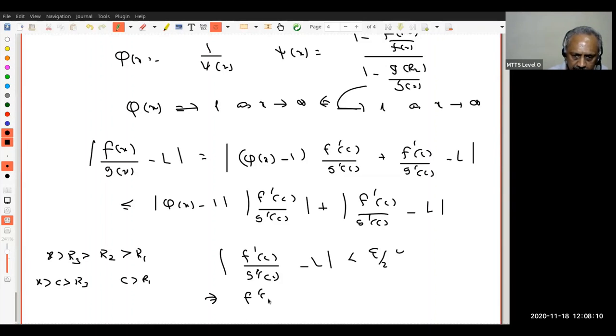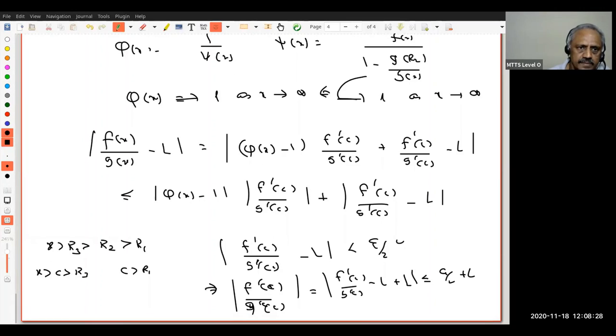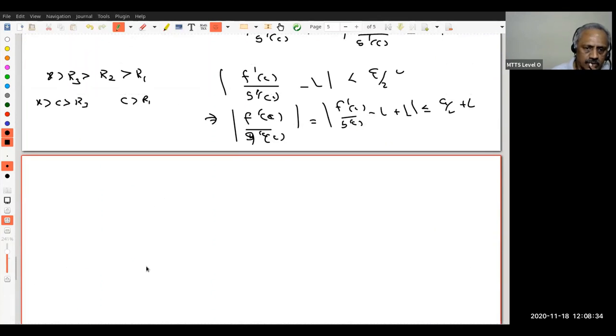Therefore, f'(c)/g'(c) equals f'(c)/g'(c) − L + L. This is less than or equal to ε/2 + L. So I understand f'(c)/g'(c) is less than L + ε/2. Do all of you understand this?